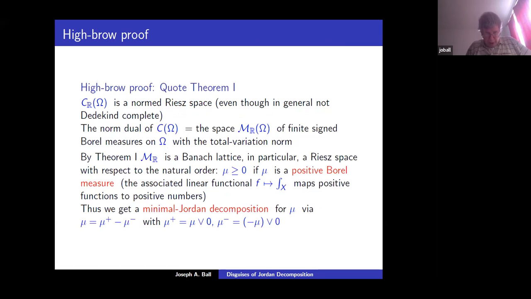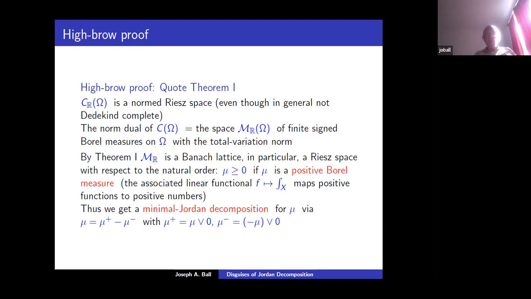Then we quote theorem 1: M_R is a Banach lattice, in particular a Riesz space, so any signed measure is a difference of positive measures, and you just use the Riesz property to write down what mu plus is and mu minus is, and you're finished.